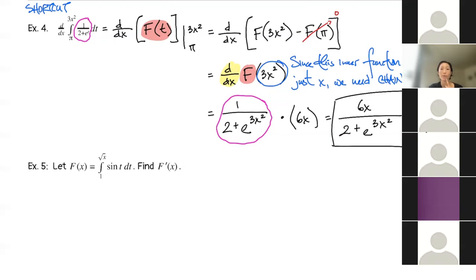Now, before we do this problem, does this look like a question where we will need chain rule or not? Okay, in example 5, does this look like something where we will use the chain rule? Or no, we don't need chain rule.